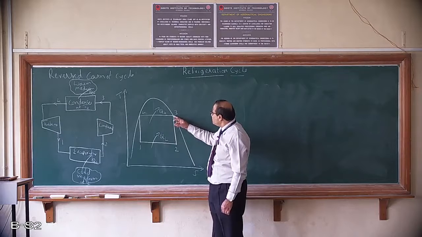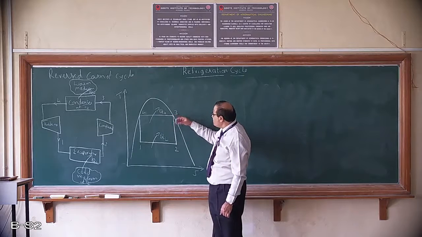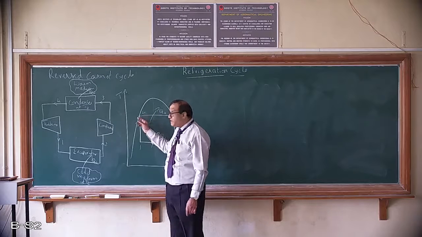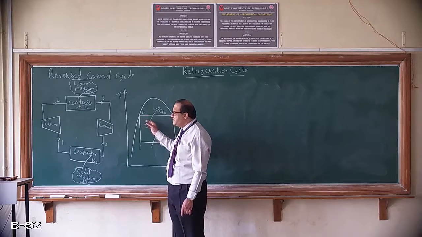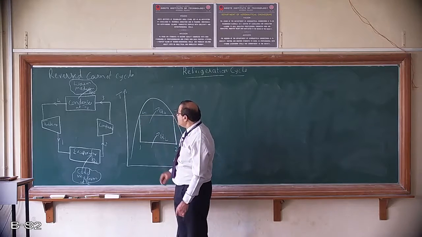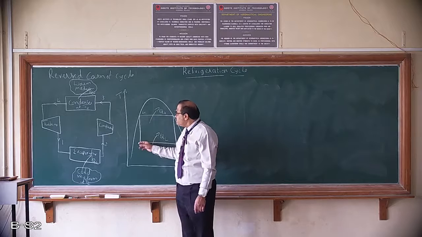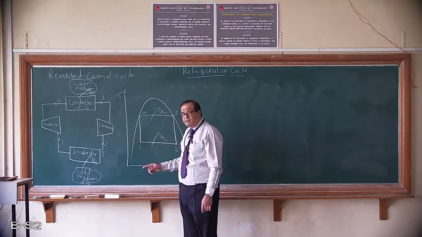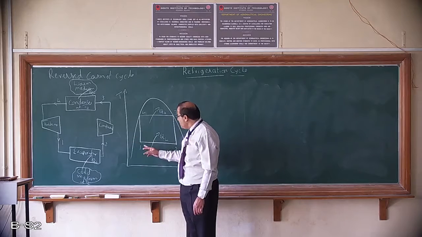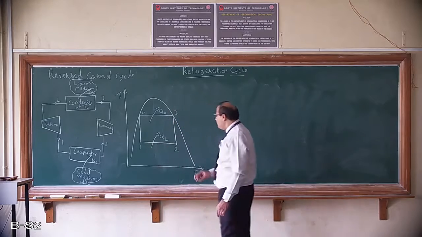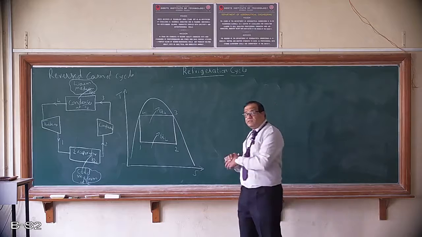So temperature rises from 2 to 3 when we are compressing, and 3 to 4 is the condenser, that is heat rejection to the warm medium. 4 to 1 is expansion in the turbine, not the expansion valve or capillary tubes, and 1 to 2 is the heat absorption process.